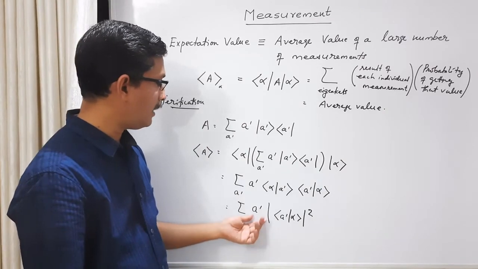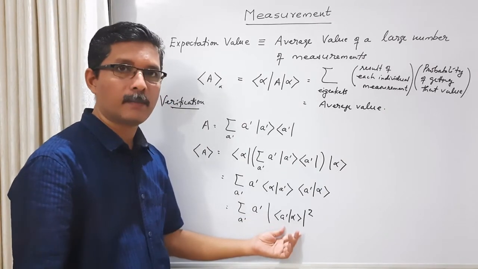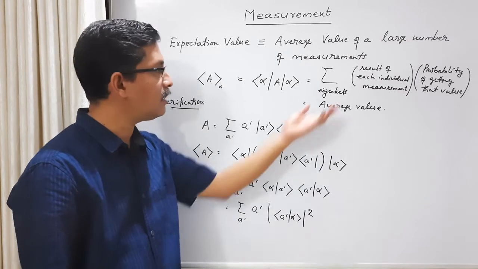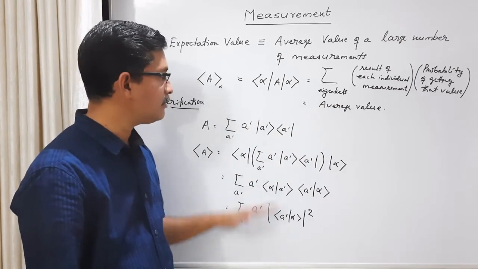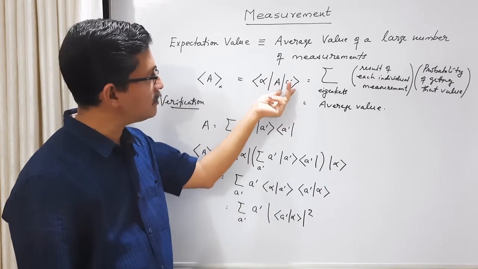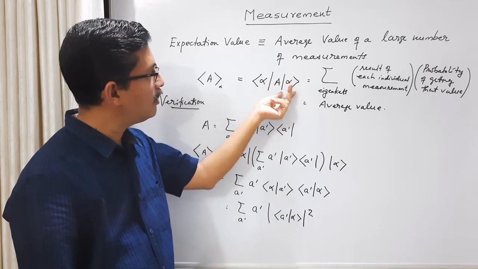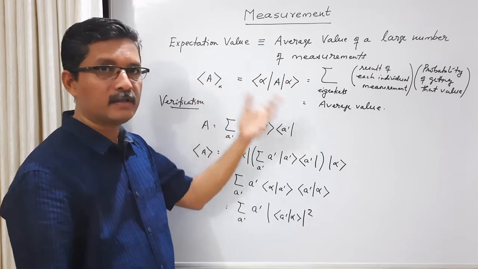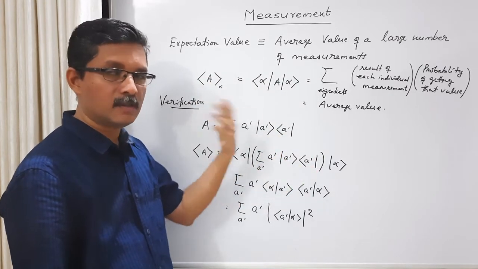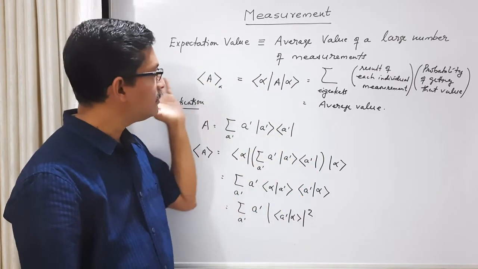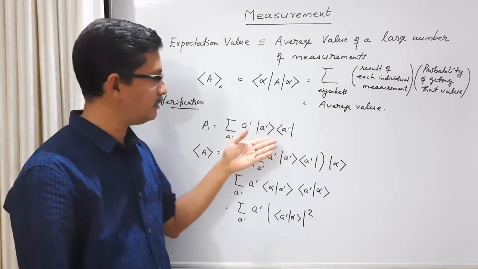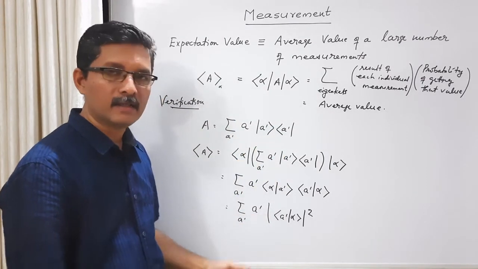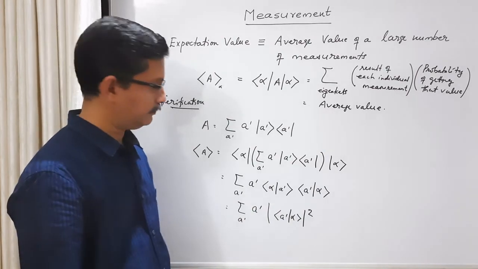So sum over eigenvalue times probability of getting that particular eigenvalue, which is the average of a large number of measurements. So this is easier. Instead of expressing this ket alpha and bra vector alpha in terms of the eigenkets of A, just directly express operator A itself in terms of its own eigenkets. Then you will easily reach the same result.